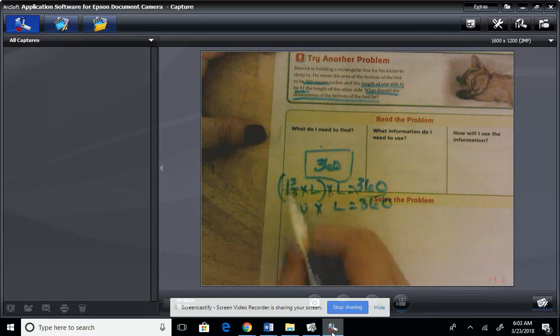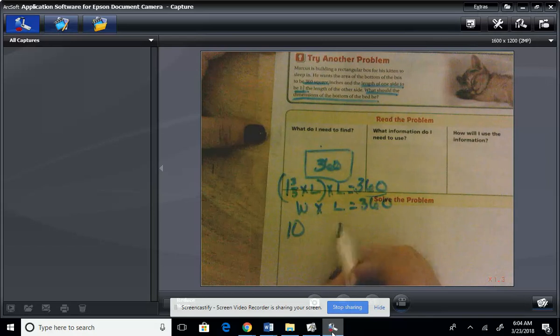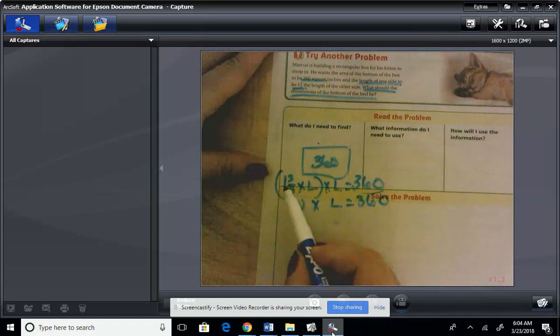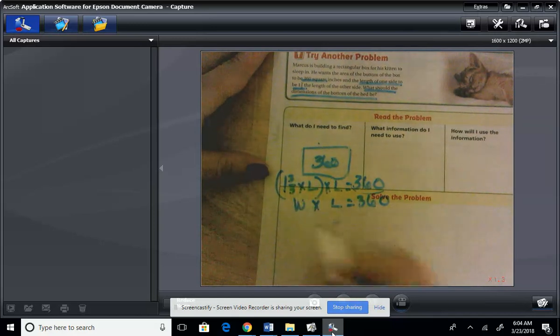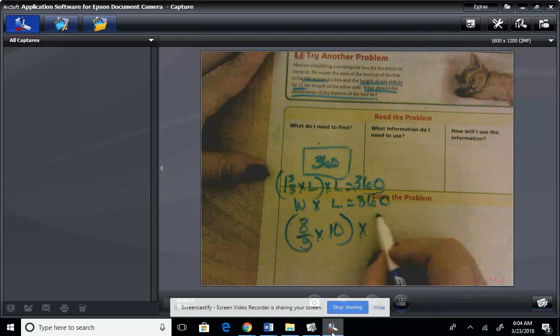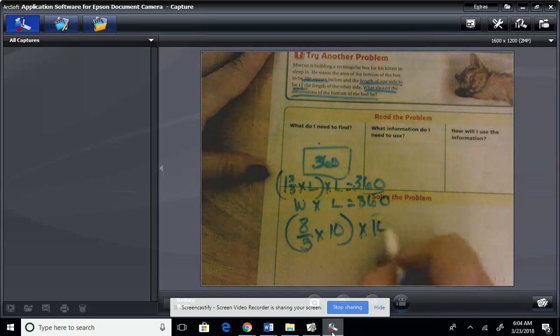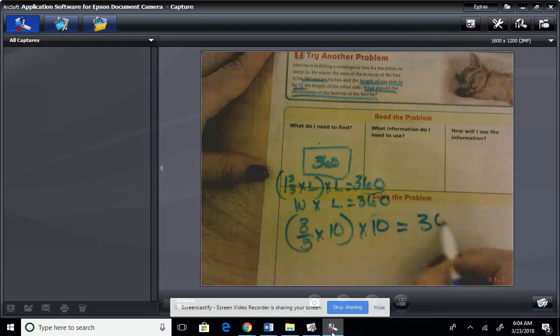So I'm just going to try a number and see what happens. Let's try 10 times 10. Let's plug this in. 1 3/5, so let's change that to an improper fraction, and we get 8/5 times 10 times 10 equals 360.